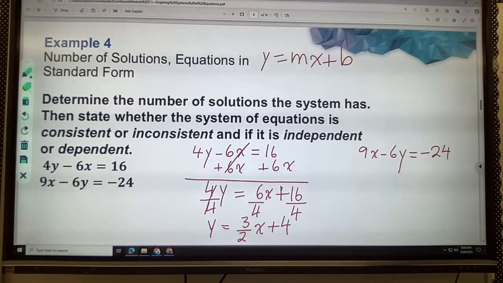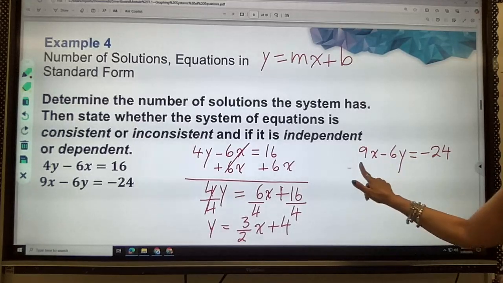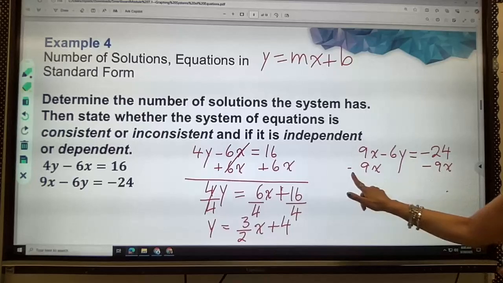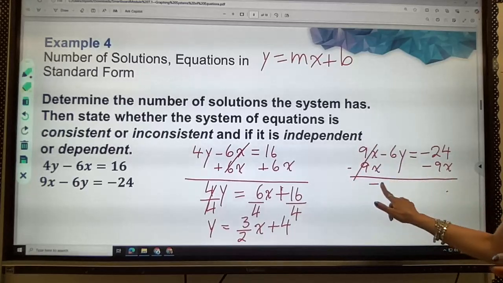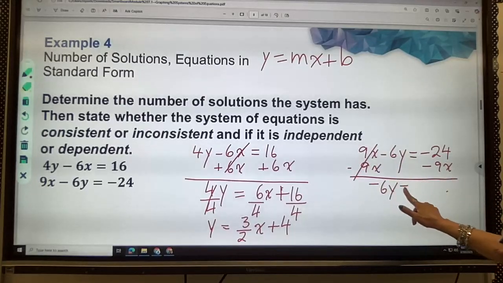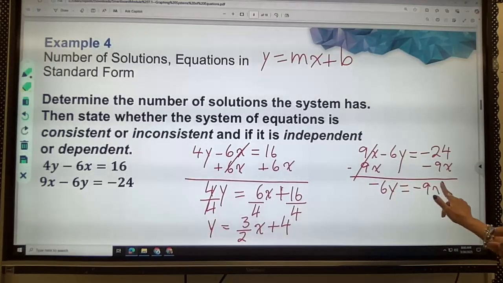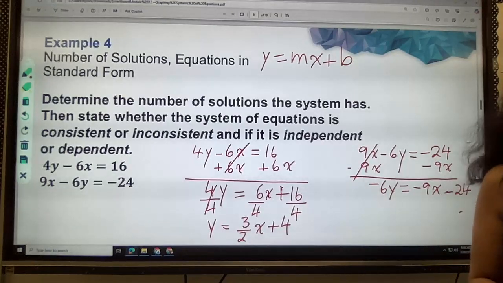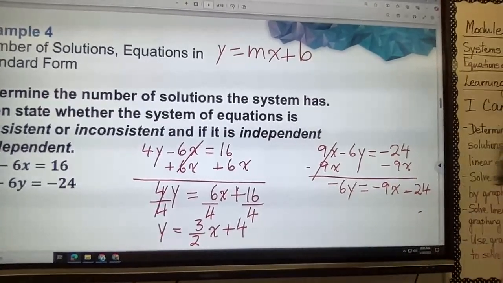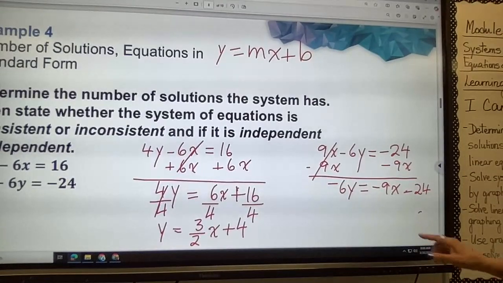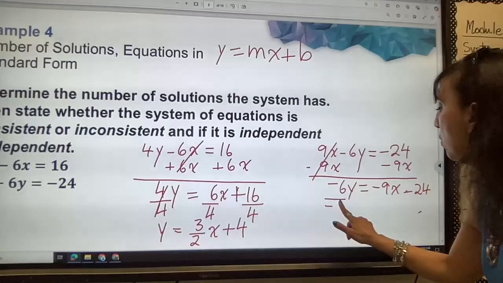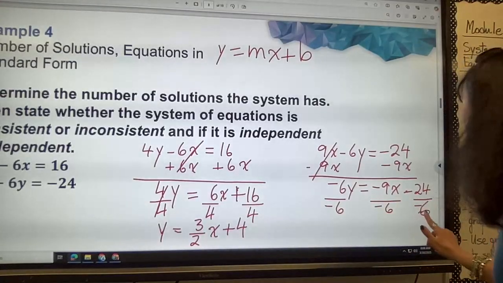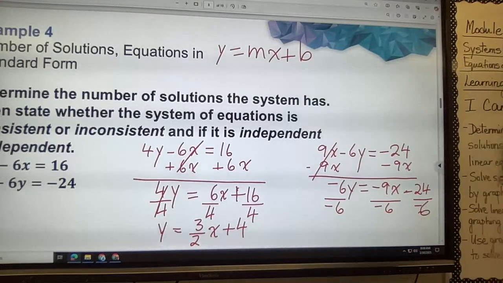Now I am going to subtract 9x from both sides, and I get negative 6y is equal to negative 9x minus 24. Then I divide both sides by negative 6, because negative 6 is my coefficient.